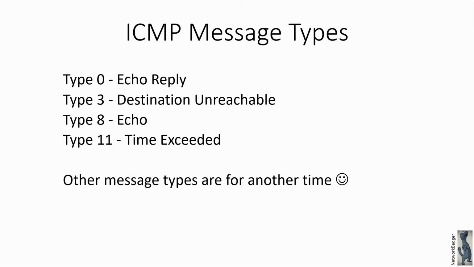So the TTL value ensures that if your packet doesn't make it to the destination within a preset number of router hops, it must be discarded. And when it is discarded by a router who does the honors of stripping the time to live value from 1 to 0, that router will generate the ICMP message time exceeded.